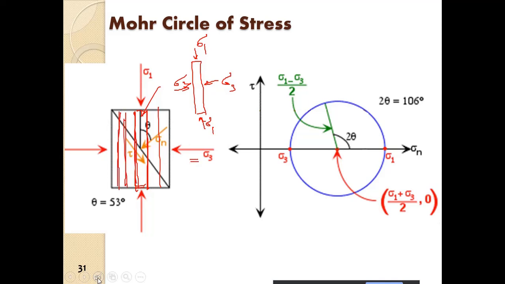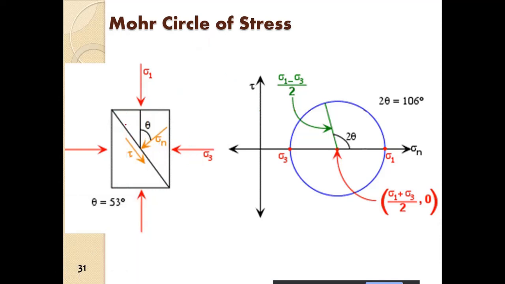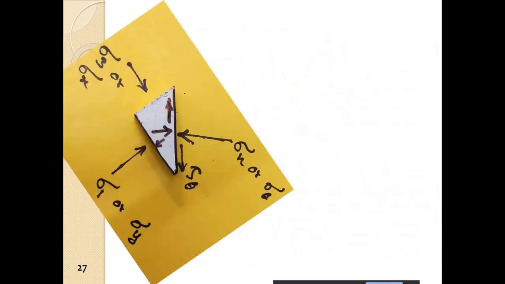Now what about the orientation of the planes? If the planes are changed, and we have a plane inclined at an angle theta to these two planes, so this is theta, what will happen? How do we represent that? To do that, we again take help of what we have done here.